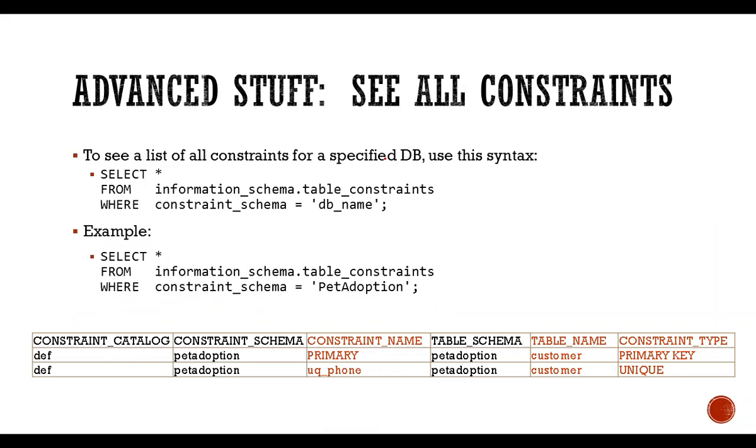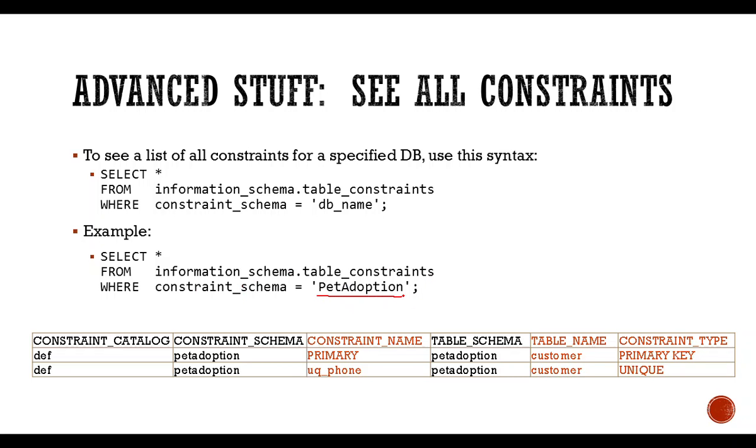Now, there's one little advanced trick. If you want to see all the constraints that apply to a particular database, you can do it by saying select whatever from, and then it's called information underscore schema dot table constraints. And then you make sure that you say where constraint schema equals, and then this is the name of your database. So if you want to see all the definitions for constraints that have been created, you can do it this way.